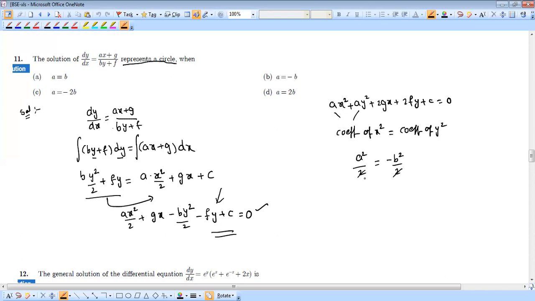I'm sorry, not a square. The 2 gets cancelled. So a is equal to minus b.